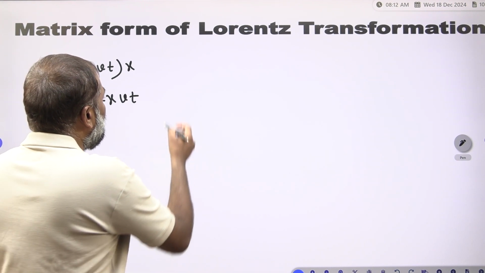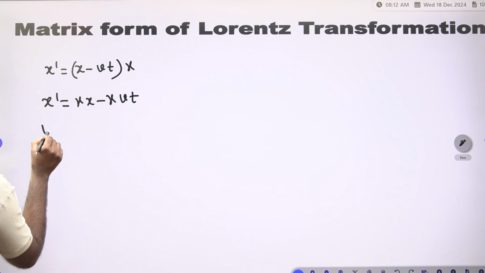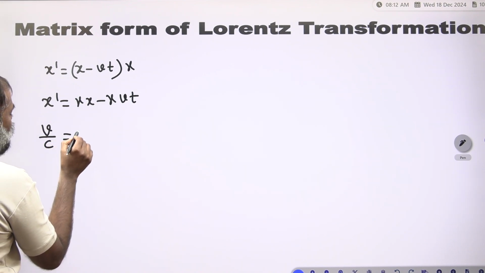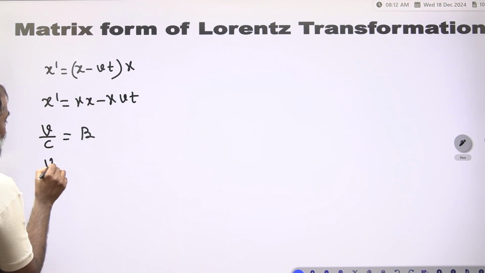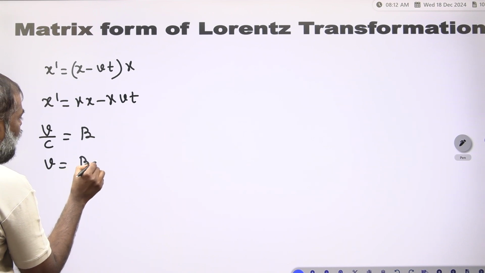But you know one thing, V by c is equal to beta. So therefore V is equal to beta into c.